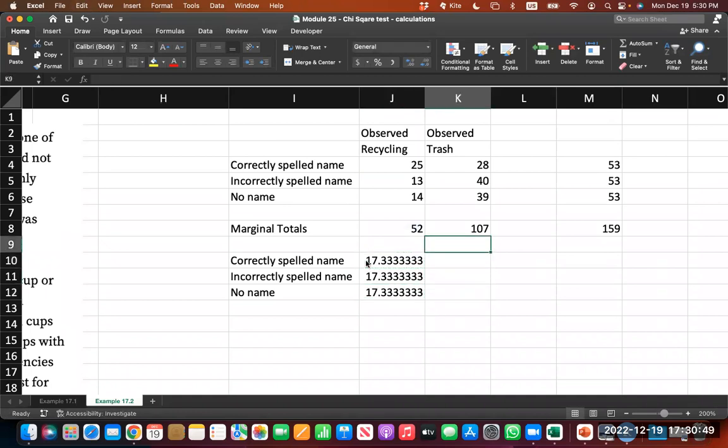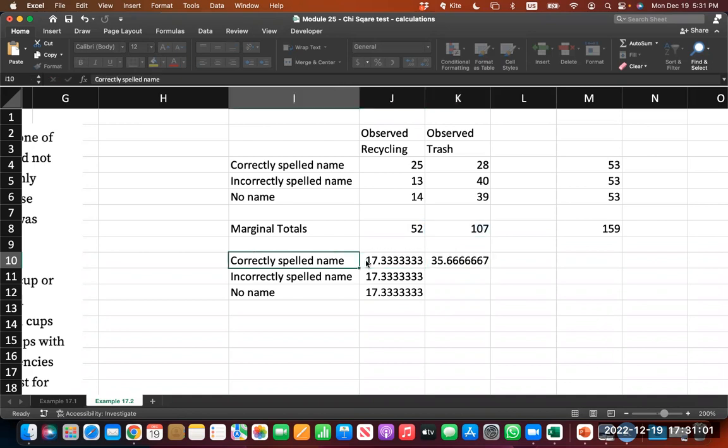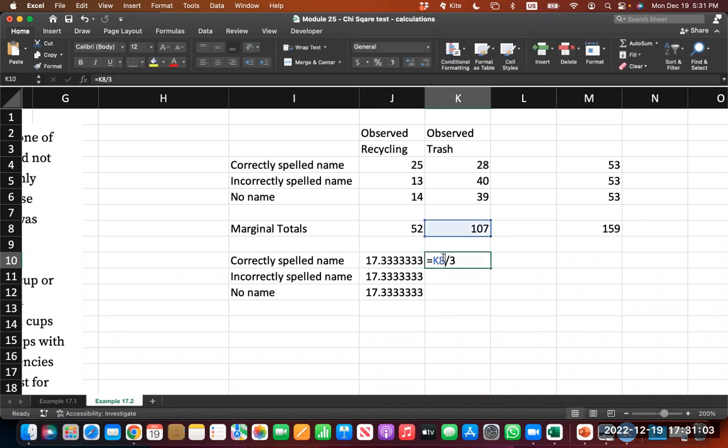So that would be your 17.33. Equally, it would be the same for your trash groups: this divided by 3 would again be equally distributed. So you know the outcome and you equally distribute them based on what you would expect.